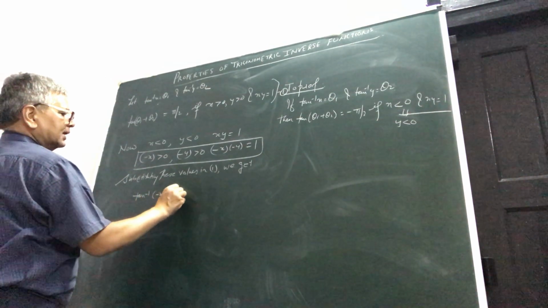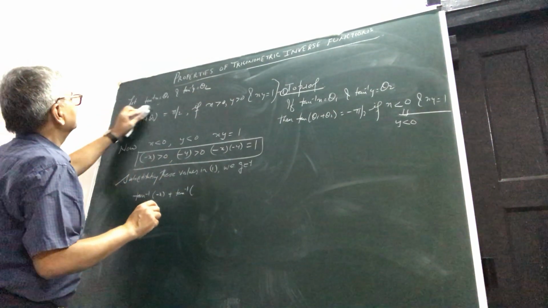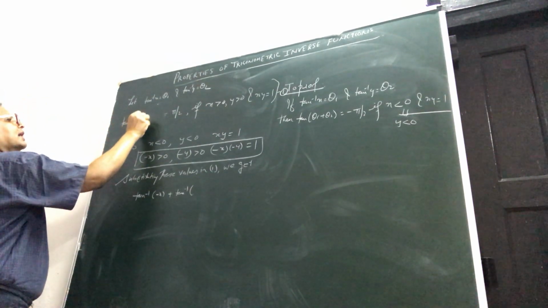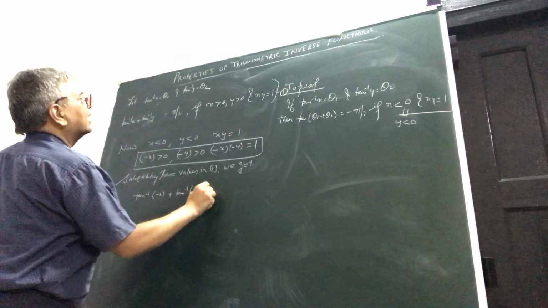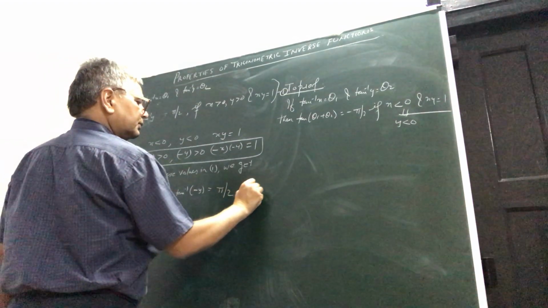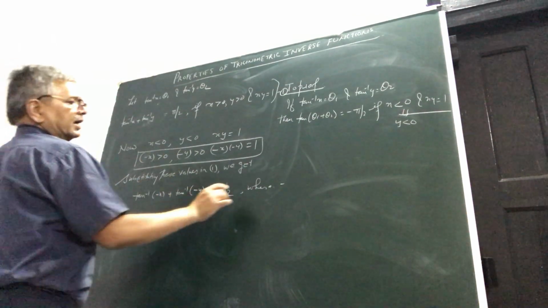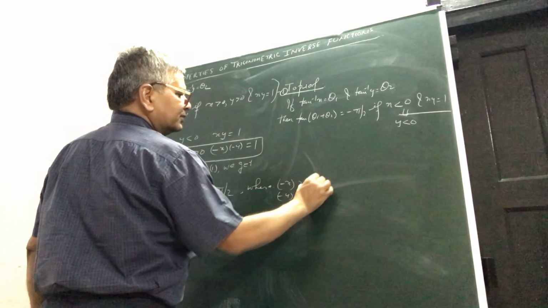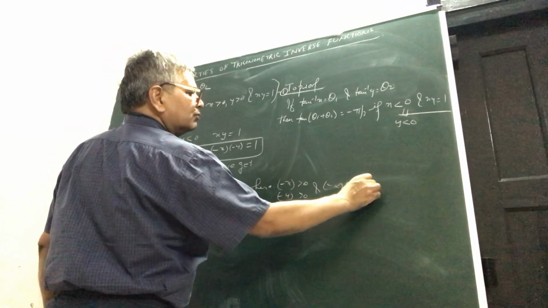Minus x plus tan inverse minus y is equal to pi by 2, where of course these conditions are given: minus x is greater than 0, minus y is greater than 0 and minus x into minus y is equal to 1.